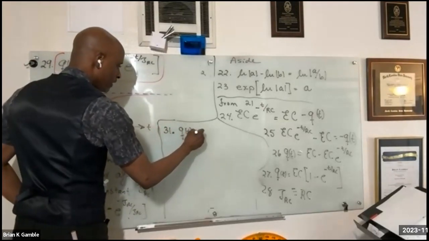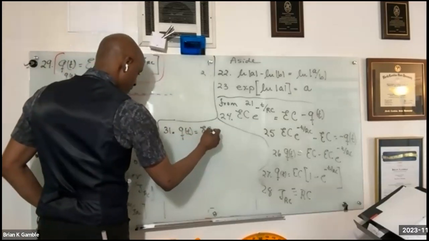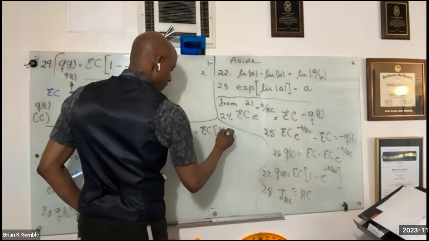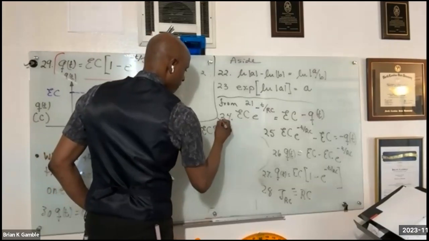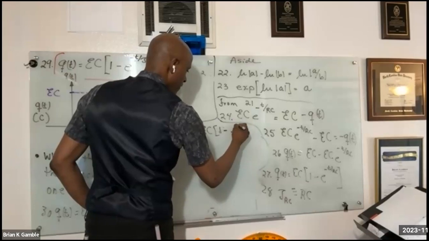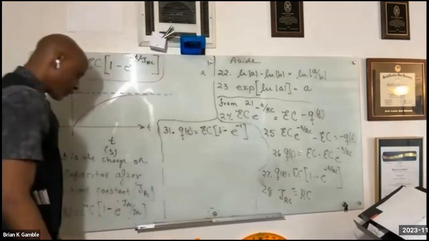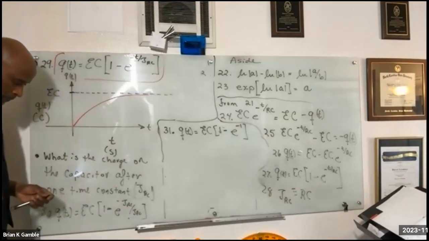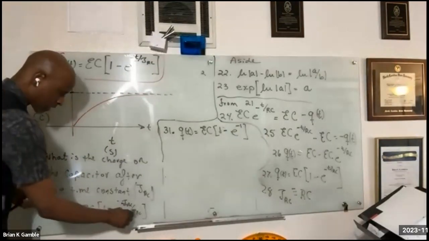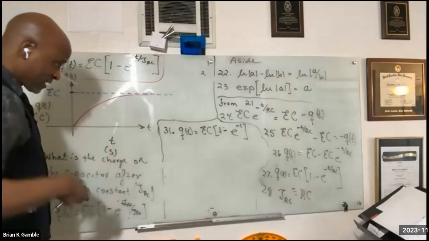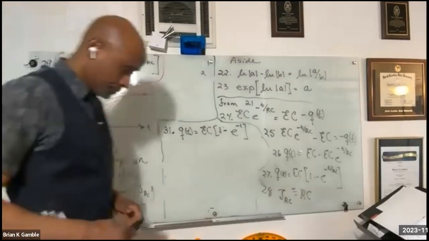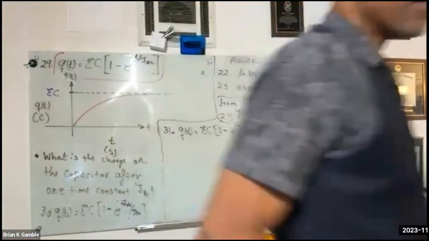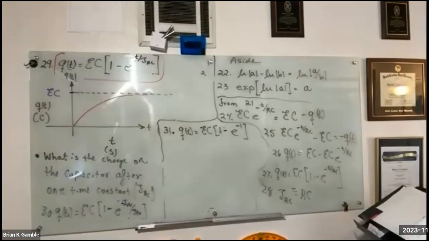That becomes Q of t equals EC times 1 minus e to the minus 1, right? Because the tau RCs will cancel out. And that's something you can calculate. Just put it in your calculator. It's going to give you a fractional percentage of the growth of the charge on the capacitor.